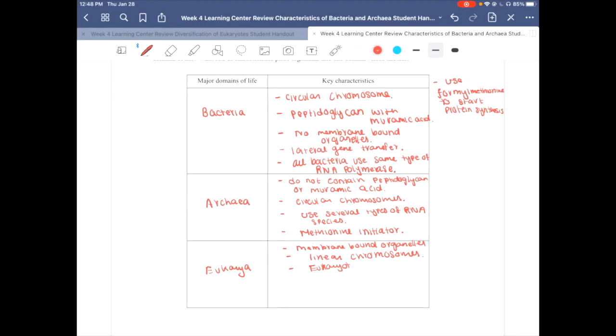So the plant cells have a cell wall, and it's made out of cellulose, or chitin in certain insects. Comment says membrane-bound cells, sexual and asexual reproduction, and multicellular. Yes, all great answers, and all of that is true.